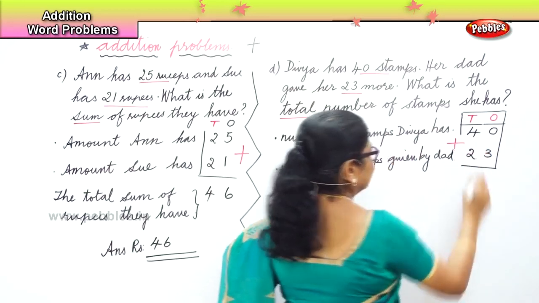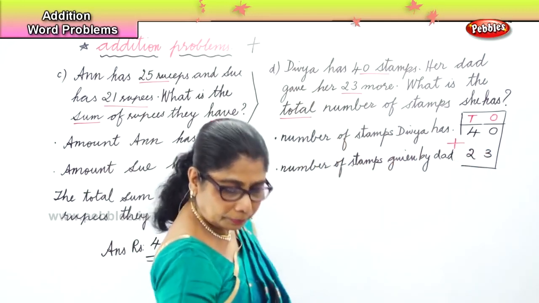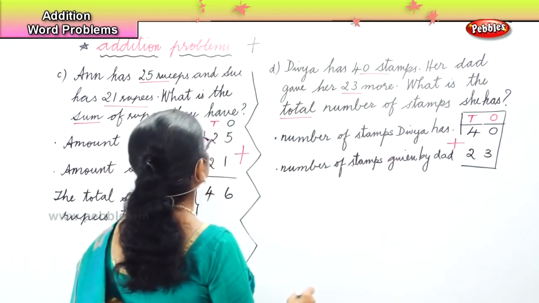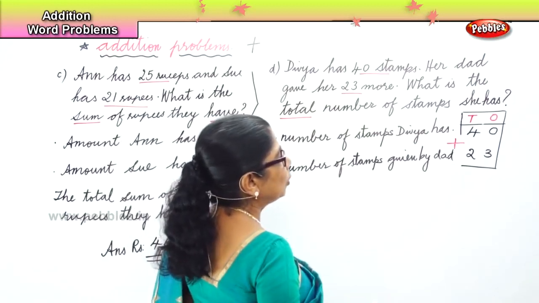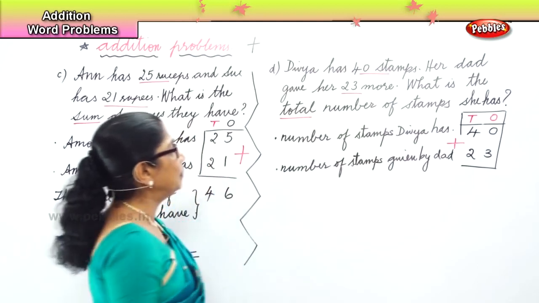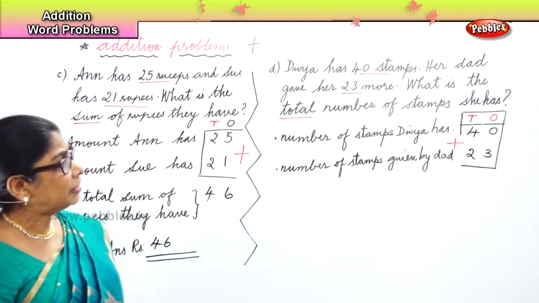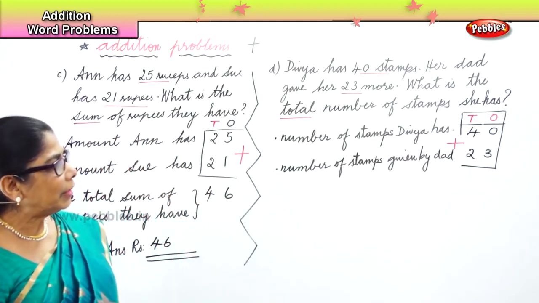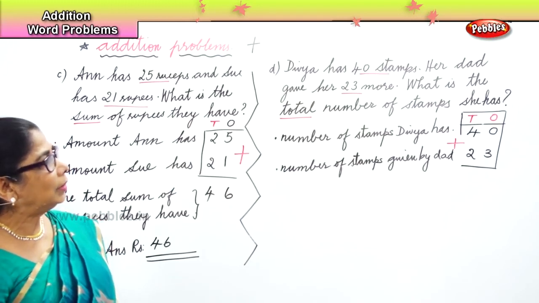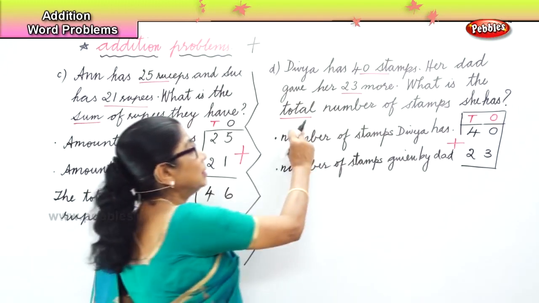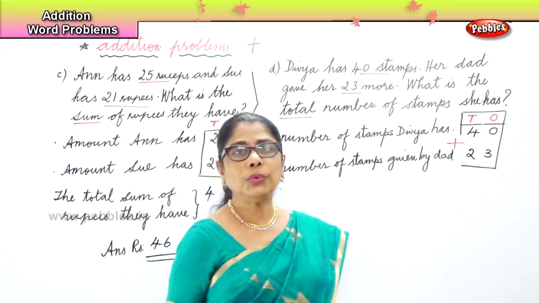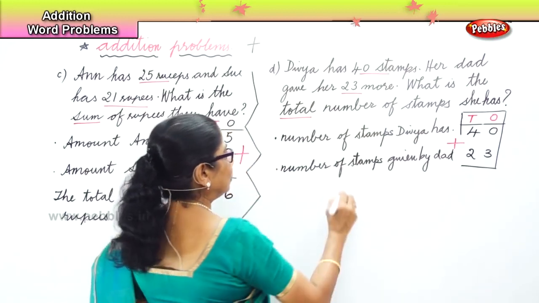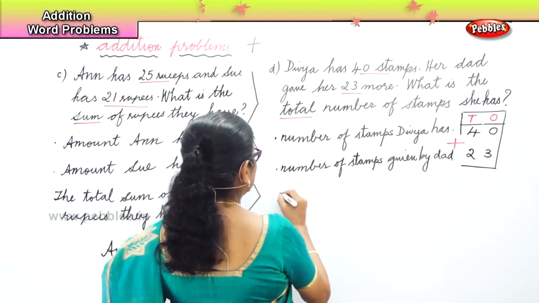Now, what is the third statement? Number of stamps Divya has, 40. Number of stamps given by dad, 23. What's the last question? What is the total number of stamps she has? So you will write total number of stamps Divya has.